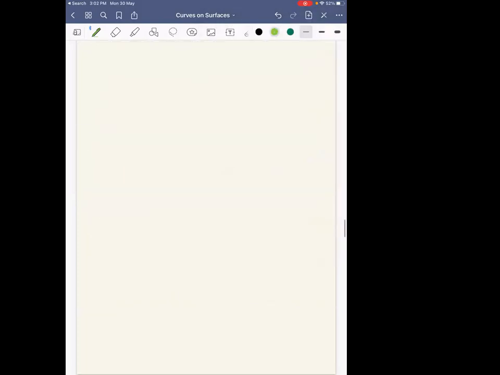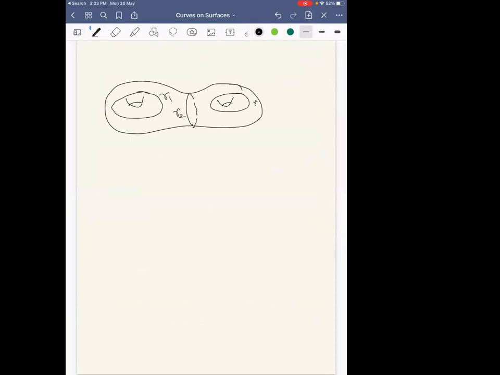Let me give you some multi-curves in a surface. For example, if we look at a surface and look at this collection, let me call them gamma 1, gamma 2, gamma 3.